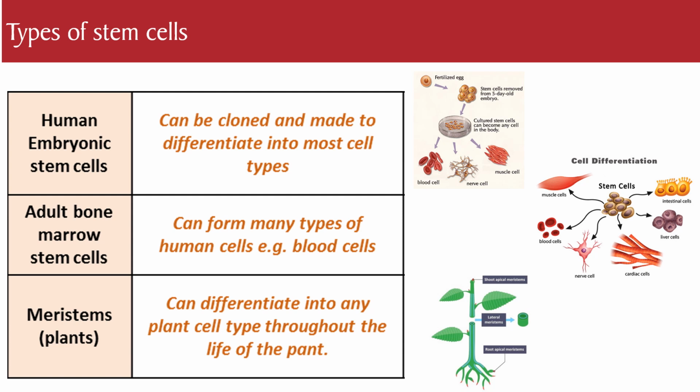Now, the three different types of stem cells. We've got human embryonic, we've got adult, and we've got meristems. So firstly, the two from humans. Human embryonic stem cells are very, very early, five-day-old cells. So a sperm fertilizes an egg, and within five days what you've got is stem cells.